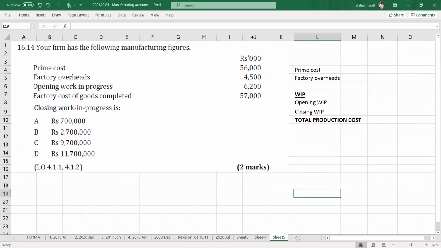What is the answer for this? Asking us to calculate the closing work in progress.